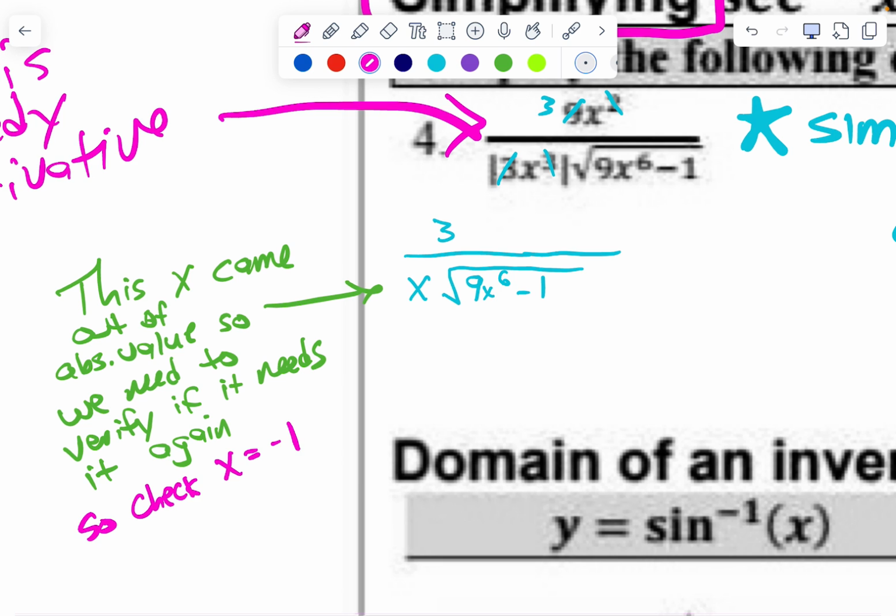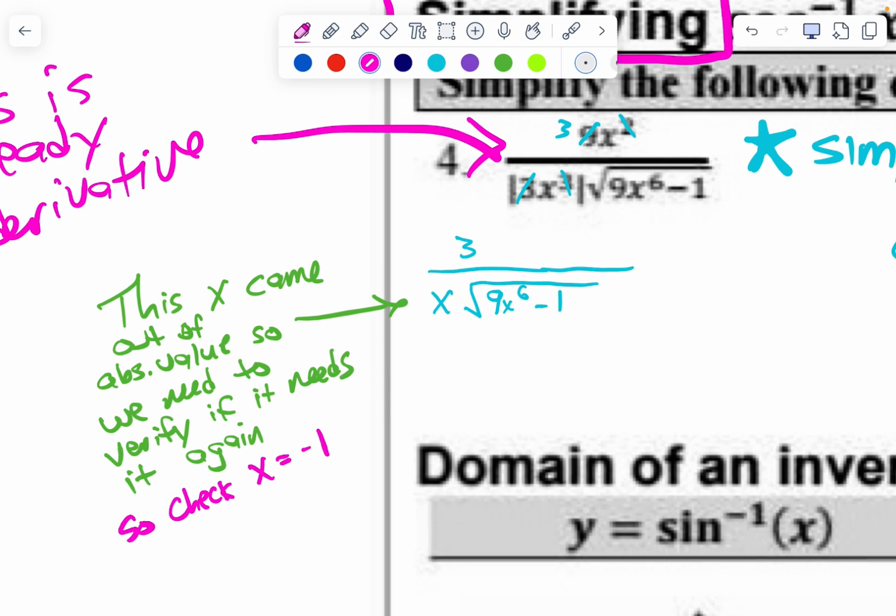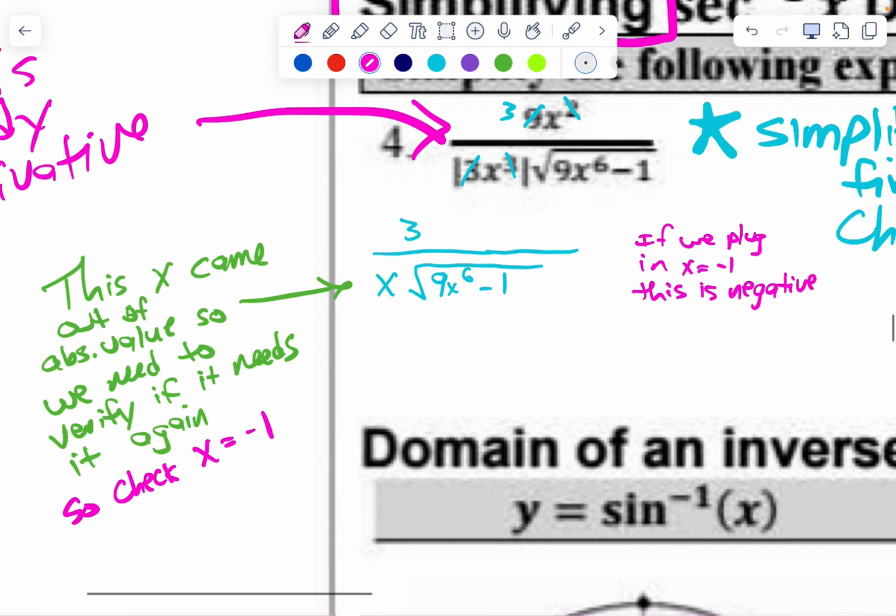Okay, so I'm going to write that over here. If we plug in x equals -1, this is negative. But in the original case, was it negative? Yeah. So you just have to make sure it stays the same as the original. Yeah, that's a great way to say it.